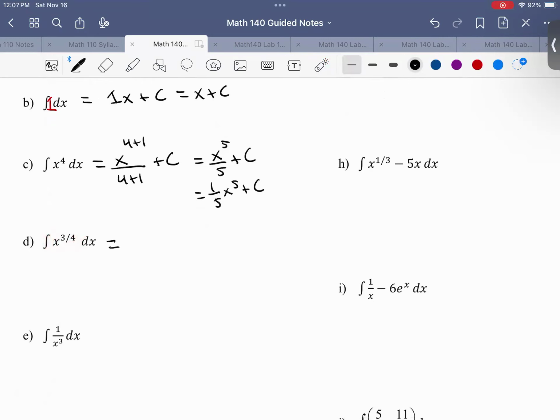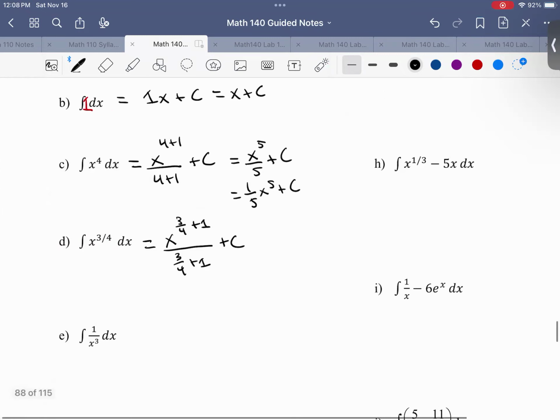So we're going to have x to the 3/4 plus 1 all over 3/4 plus 1 plus c. Okay, some fraction work: 3/4 plus 1. I could change that 1 to 4 over 4. And so I'm left with 7/4.